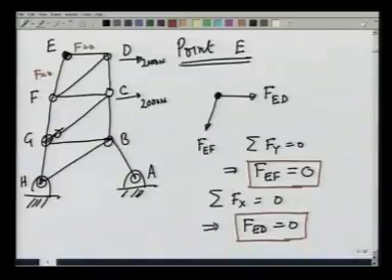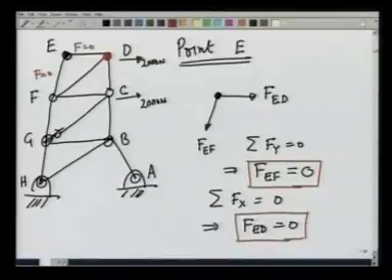Now, if I go to point D here, there are only two unknown forces here, F_DC and F_DF, and therefore, I can determine both from the two force balance equations. Let us do that. So, if I go to point D, let me again make this structure.